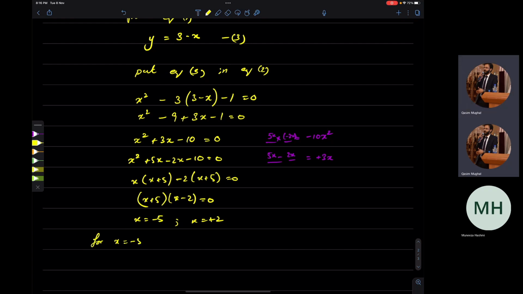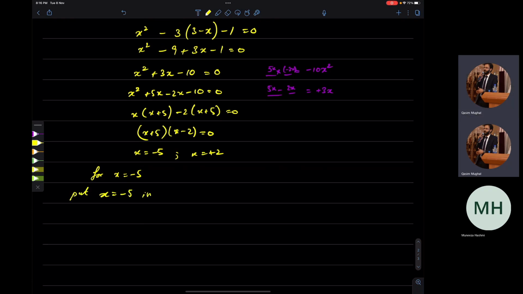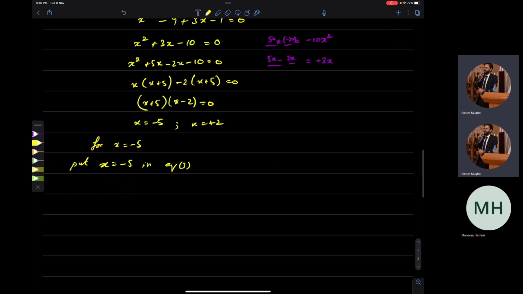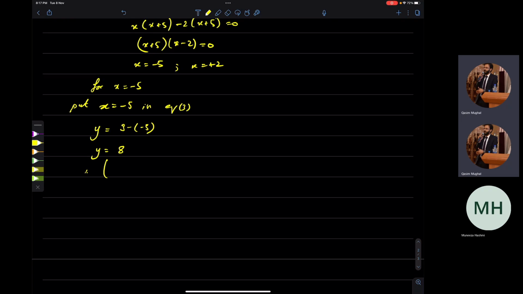Okay, so for x equals minus 5, put x equals minus 5 in equation 3, and that is y equals 3 minus x, y equals 3 minus negative 5, that's going to give you 8. So therefore, the ordered pair, like the solution set for this one, is going to be x is negative 5 and y is 8.